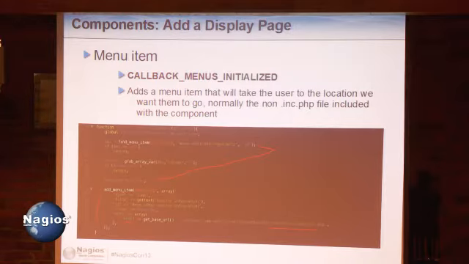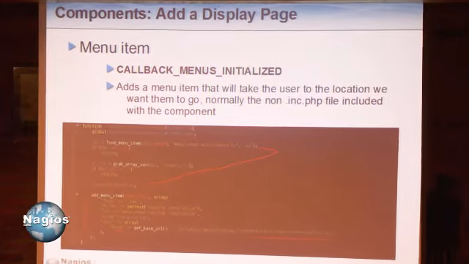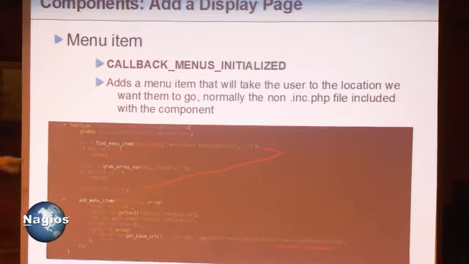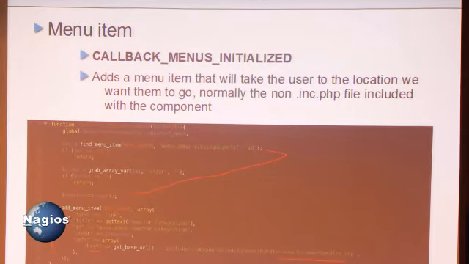Adding a display page is really, really simple. You don't actually have to add a menu item. You could just go to it from the URL, but you're going to want to add a menu item if you want someone to actually use your page. So in the actual callback, in the function that it adds, it has a little section here that's marked with the red that actually finds a value, like an integer value, of where you want to put the menu item, and then the actual call to add that menu item is right here, and making the link is actually right here.